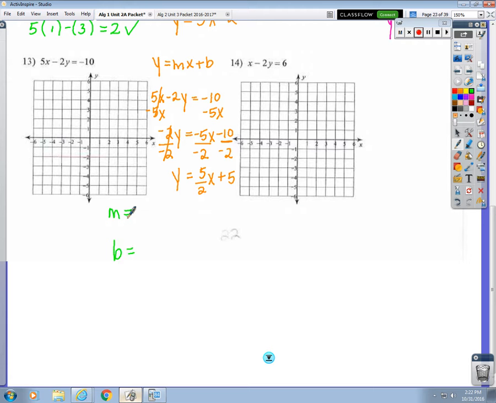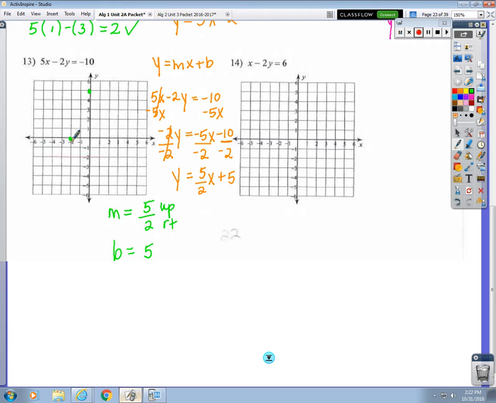So now that we have it in slope-intercept form, we can identify the m and the b. What is the m? The slope. So that means we're going to do what? Correct. And what is the b? 5. Okay, so to graph this, what do we do first? You go up 5. And then from there, it tells us to go down 5, right 2, but since we can't, what do we do, Samantha?